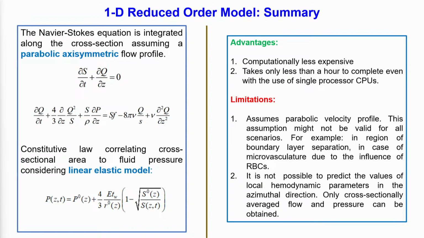The advantage is that now this is a one dimensional unsteady problem and you can solve it in much less computational time. Whatever the method, time will be much less as compared to the 3D solution. It is computationally much less expensive, and it typically takes less than an hour to complete even that carotid artery problem.